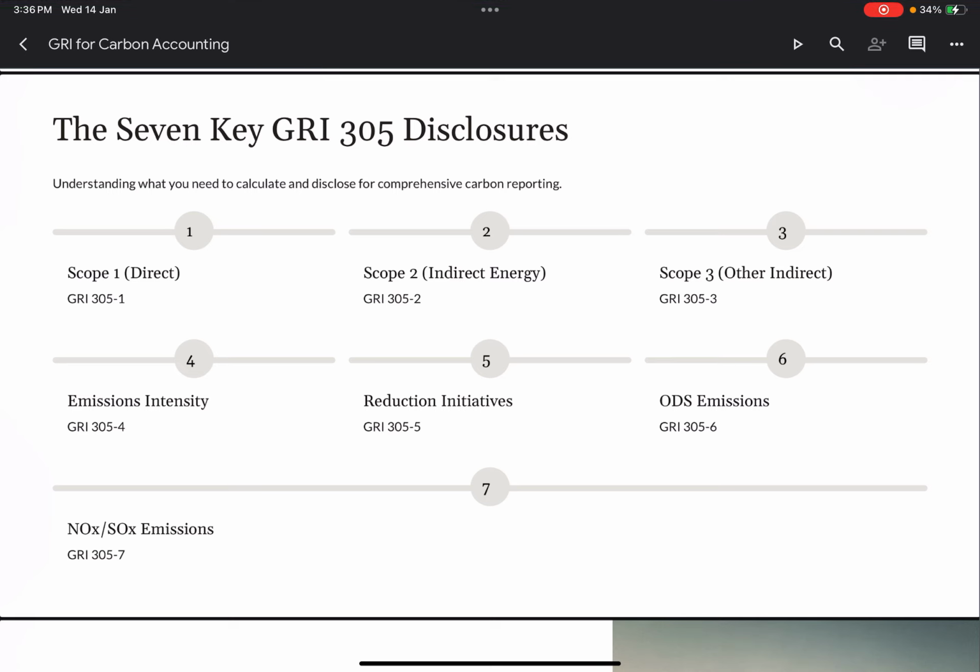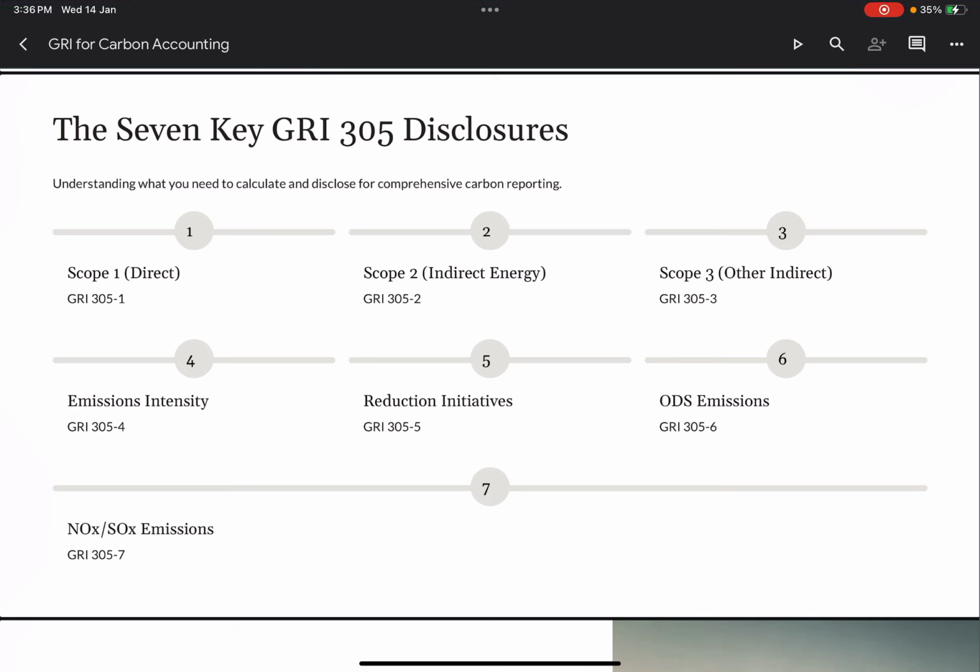Scope 2 is from the purchased energy use, and they are GRI 305-2, whereas other indirect sources are included in 305-3. Along with that, GRI also reports the emission intensity. So that comes in 305-4. About 305-5, it is more of telling the audience the reduction initiatives which the industry plans to take so that the emissions are reduced.